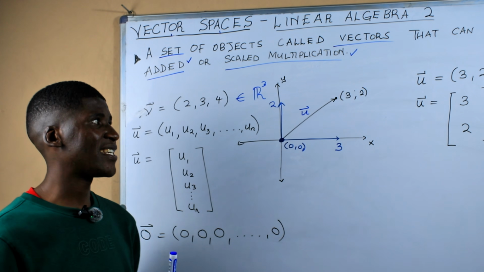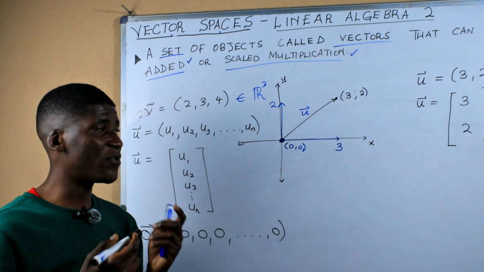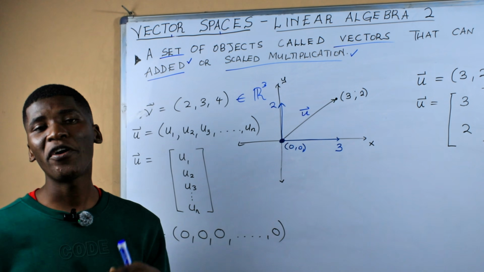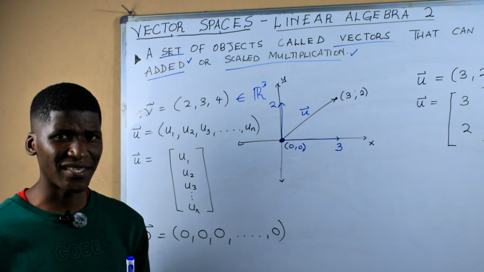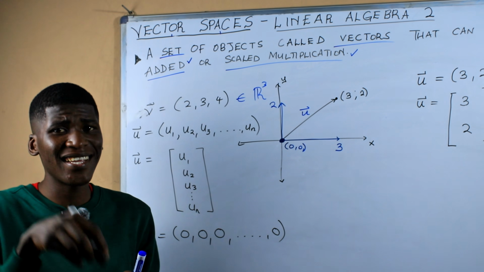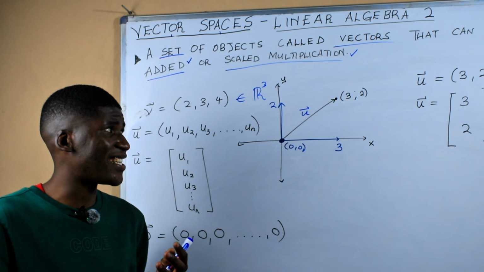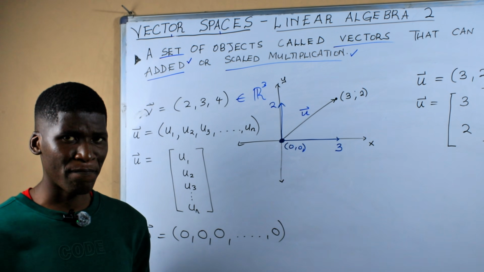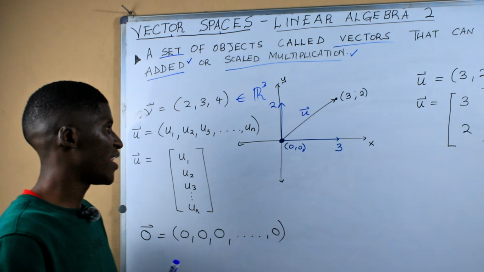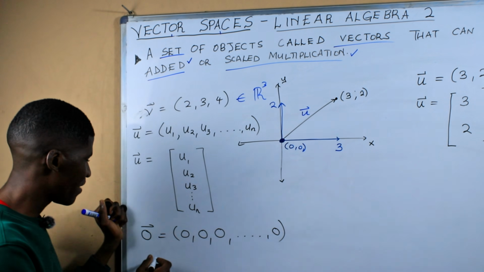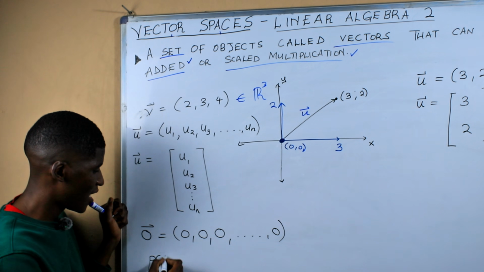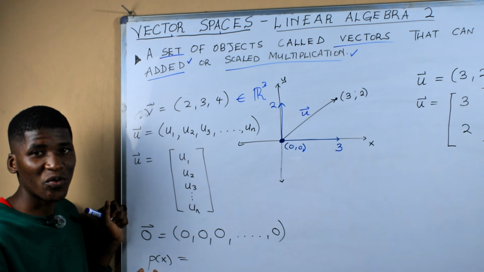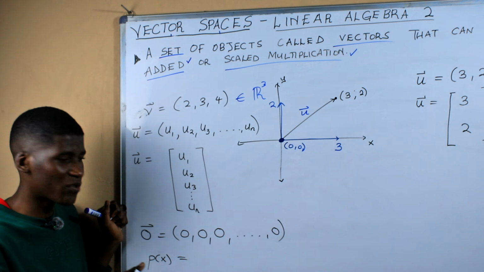The third type of vector that I want to show you that you might not have known is a polynomial. A polynomial is an example of a vector space. So a single polynomial can be considered to be a vector. And you ask yourself, how can that be? Let's say a polynomial which is given by p(x). Remember, a polynomial has coefficients and a variable x.